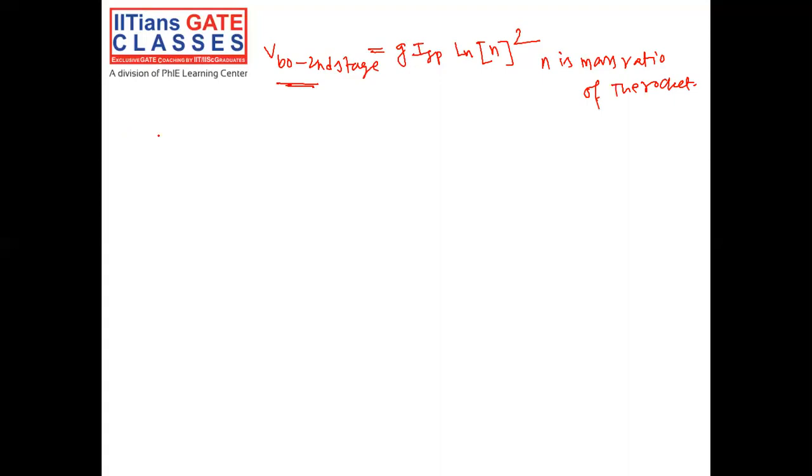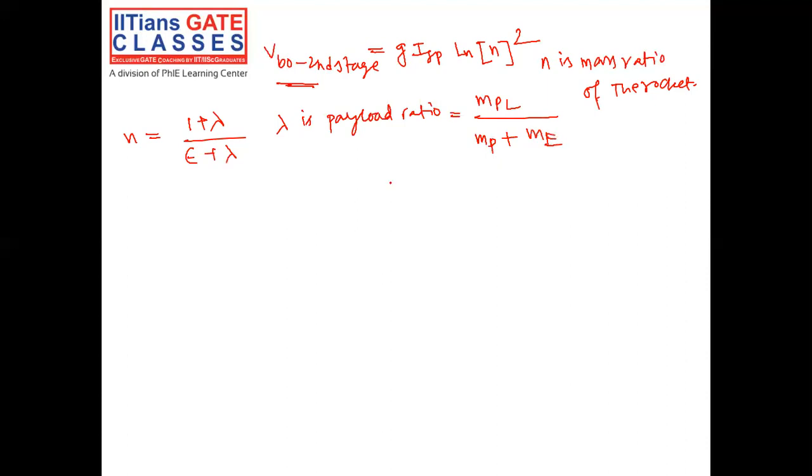Okay, so the mass ratio n can be written as (1 plus lambda) by (epsilon plus lambda), where lambda is the payload ratio, which is given as MPL, the payload mass, divided by propellant mass plus structural mass, and epsilon is the structural ratio, denoted as the ratio of structural mass divided by propellant mass plus structural mass, right?